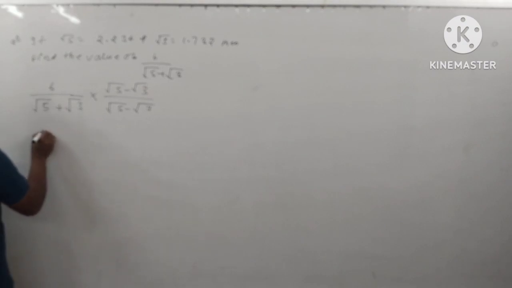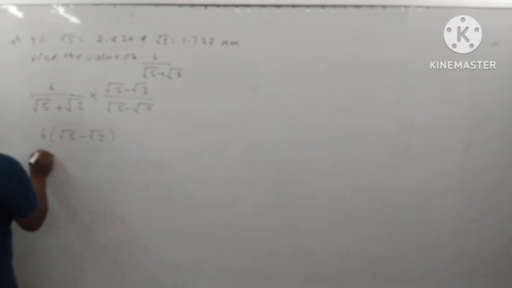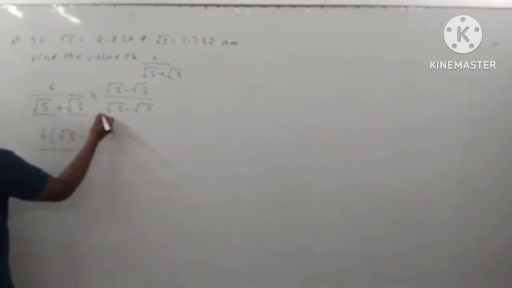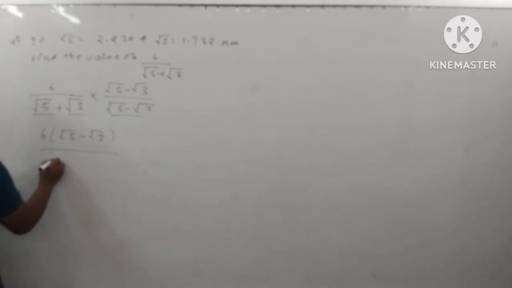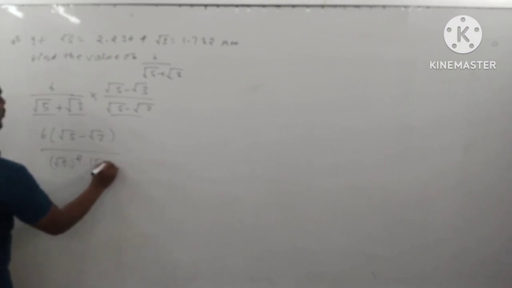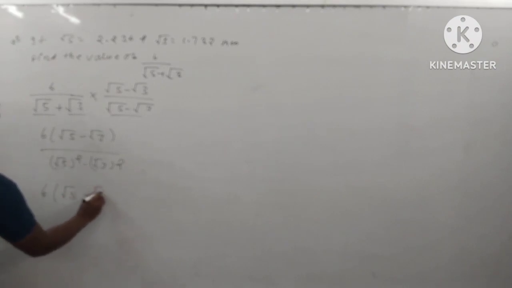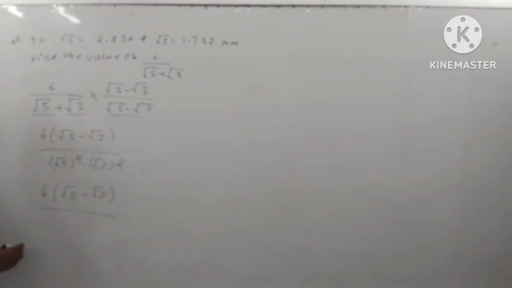Now 6 into root 5 minus root 3, okay. Now here a plus b into a minus b, that is we write root 5 of whole square minus root 3 of whole square, okay. Here 6 into root 5 minus root 3, and in the denominator 5 minus 3.